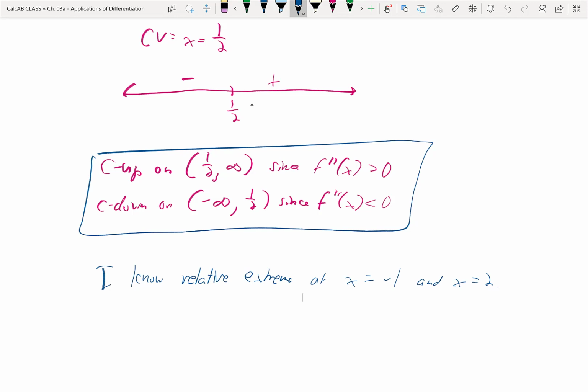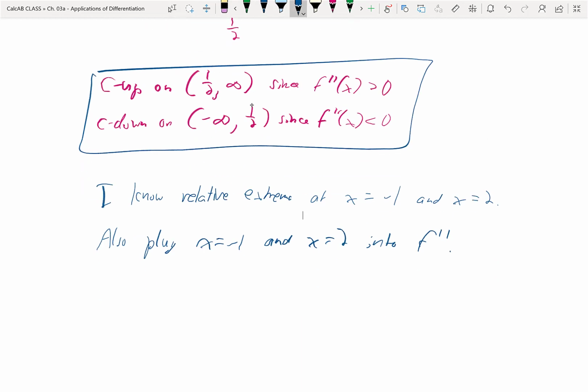If I want to know if those are mins or maxes, I could look at a sign test on the first derivative. But I can also plug x equals -1 and x equals 2 into the second derivative. So let's figure out what happens.